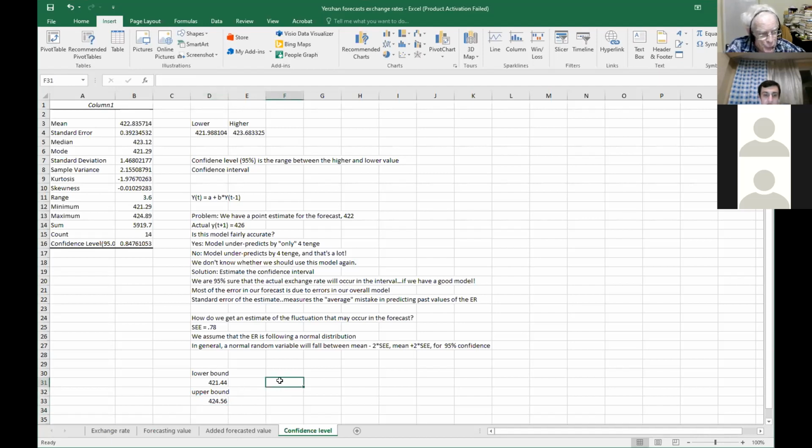So the 95% probability interval in this case ranges from about 421 up to 425.